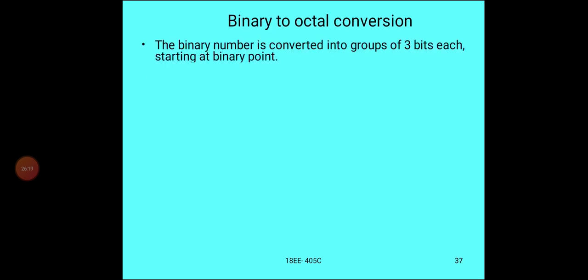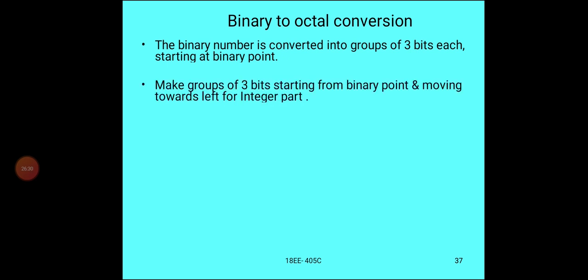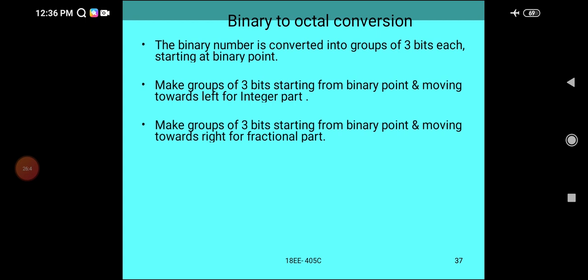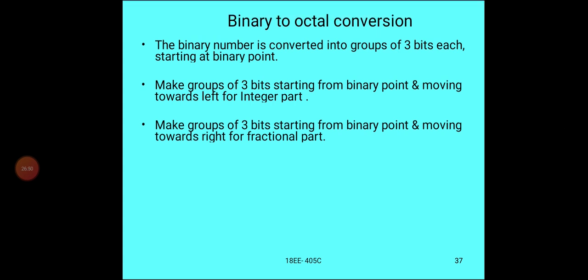Binary to octal conversion. The binary number is converted by making groups of 3 bits each, starting at the binary point, moving towards the left for the integer part, and moving towards the right for the fractional part.